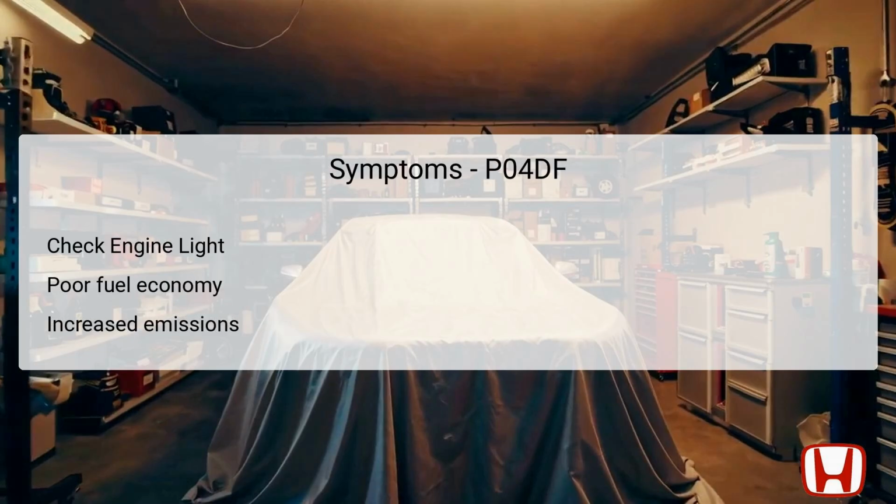The symptoms associated with DTC P04DF are important identifiers that can help in diagnosing the issue. One of the primary signs is the illumination of the check engine light, CEL, which indicates that the vehicle's onboard diagnostic system has detected a fault. Additionally, drivers may notice a decrease in fuel economy.